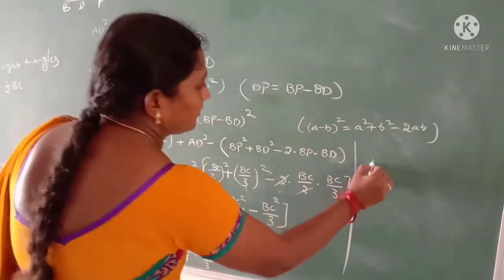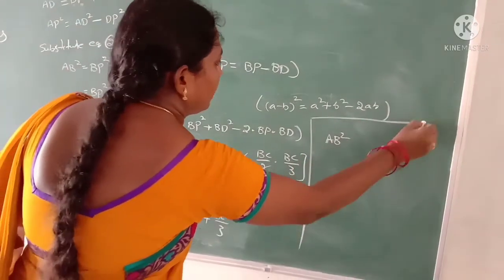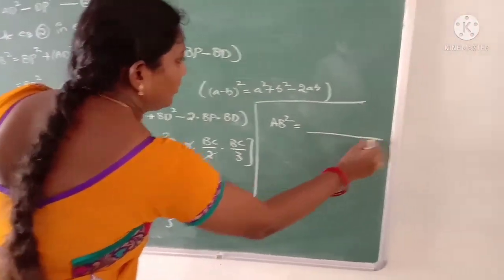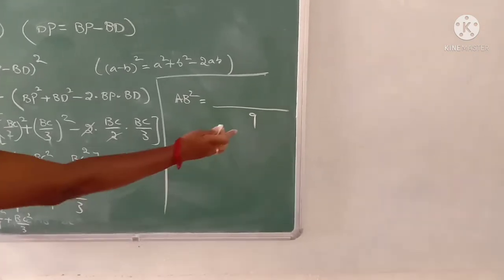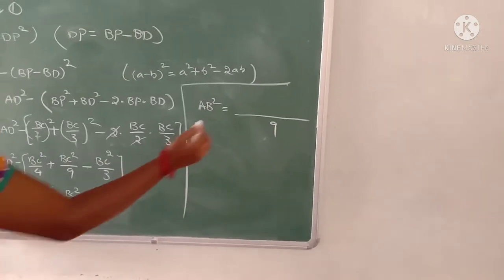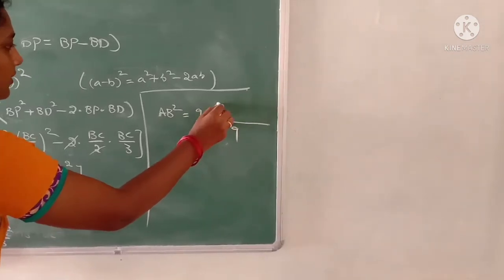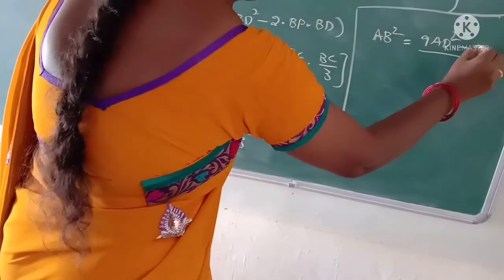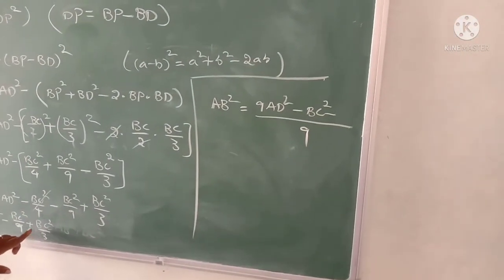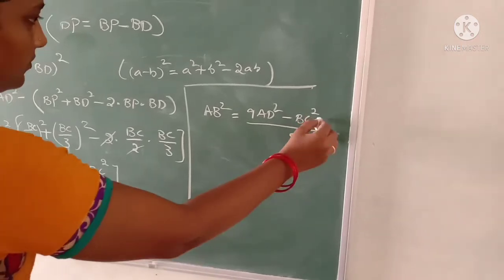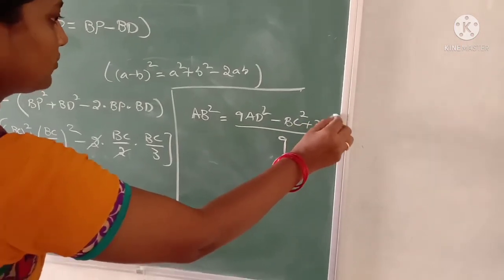AD square equal to, 9, 3, LCM 9. So 9 into AD square, 9 AD square minus 9 ones 9, so BC square. Next 9 divides 3 times, so 3 BC square.